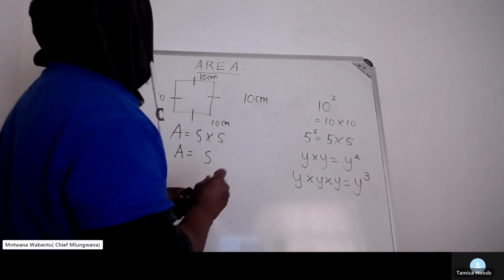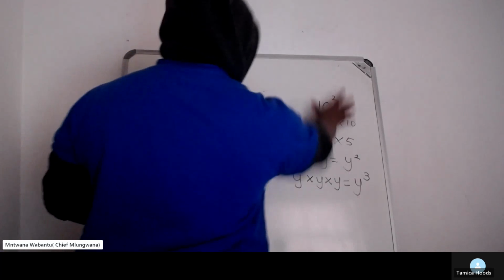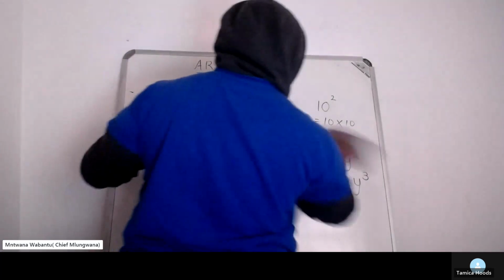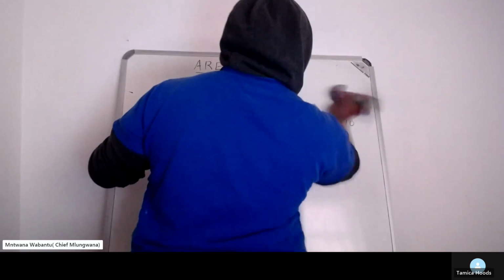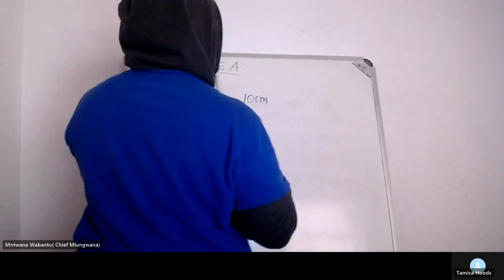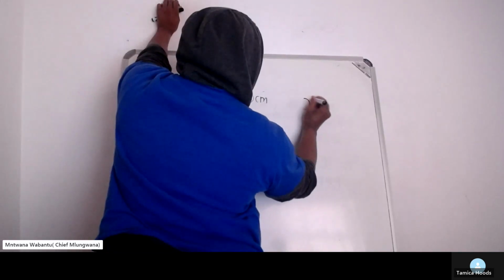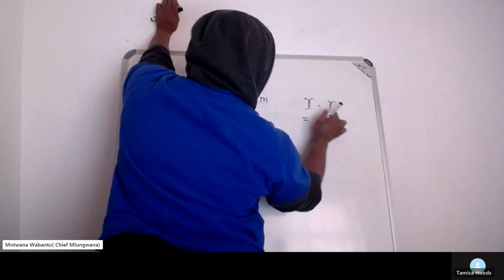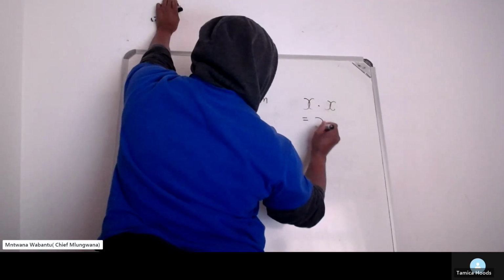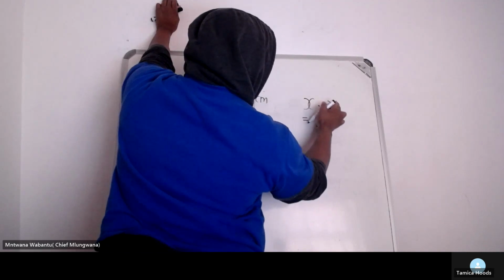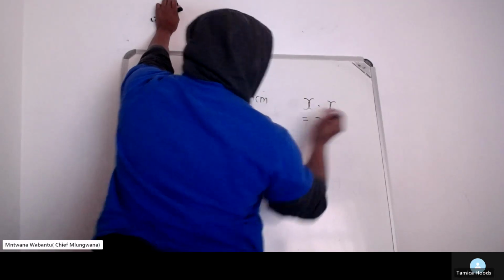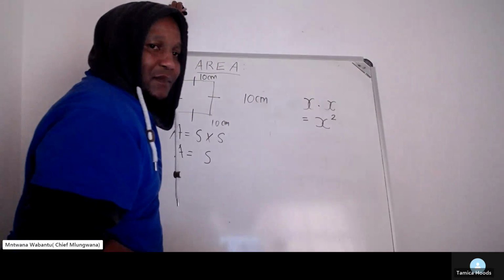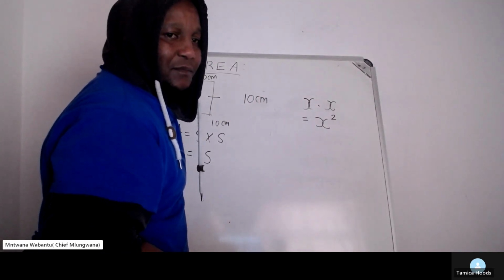Okay, let me say it again. If you have x times x, how many x are these? Two. So I'm going to say it's power 2. It's the same thing, but they are different ways of writing.